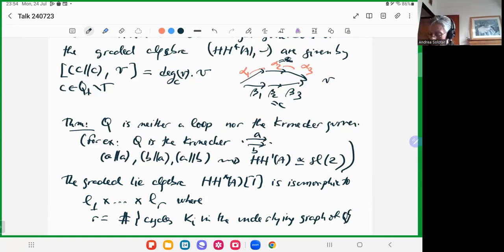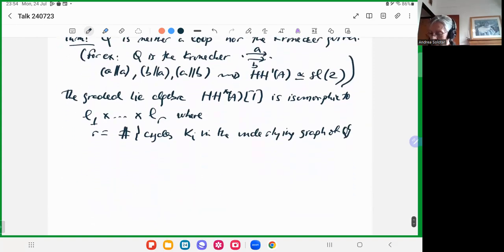So how do we describe this L1 up to LR, okay?